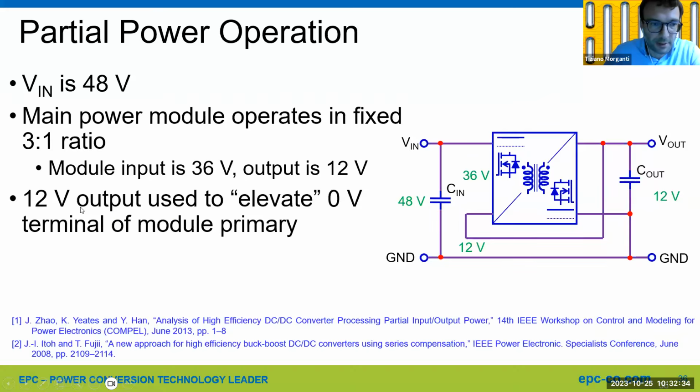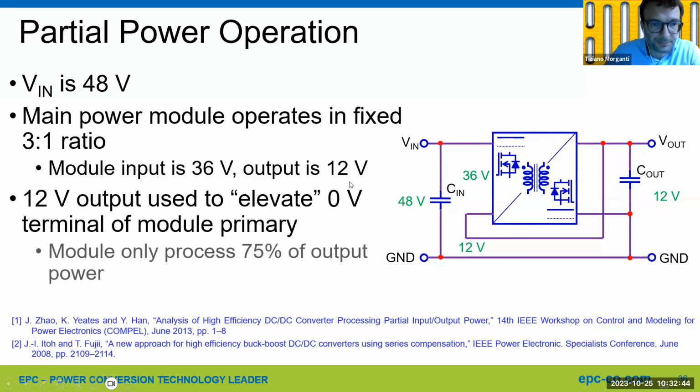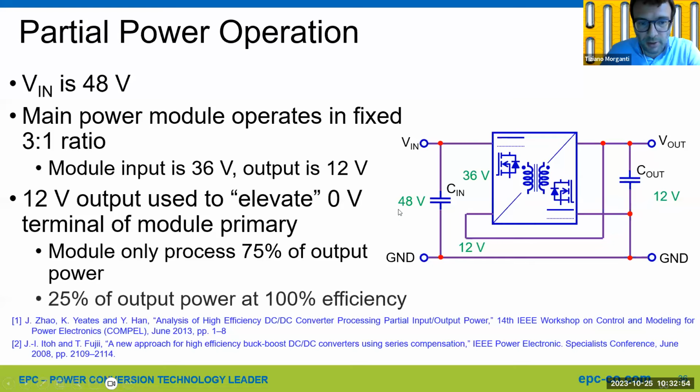Yes, as we said, the 12 volt output is elevating the low side terminal of the converter. So basically, in this configuration, the module is processing only 75% of the output power, and the remaining 25% is passed through with virtually 100% efficiency.